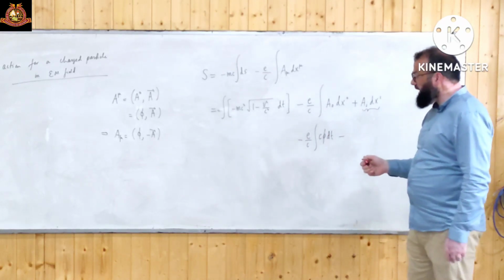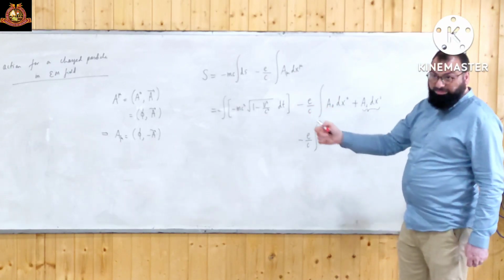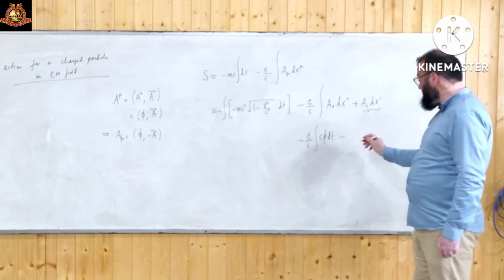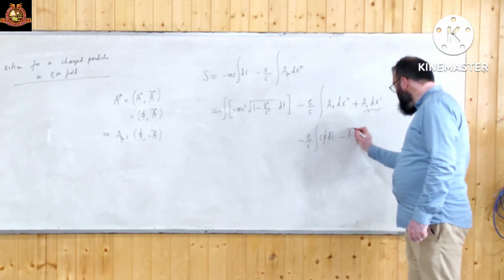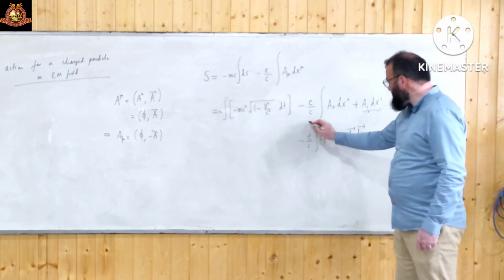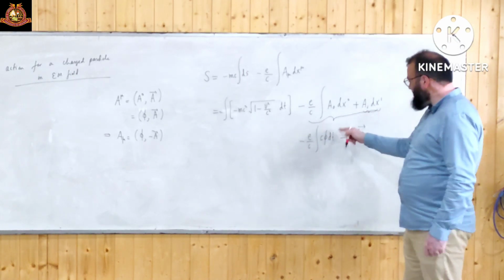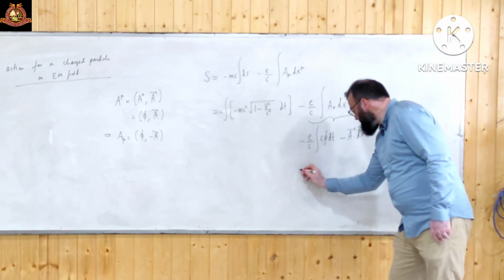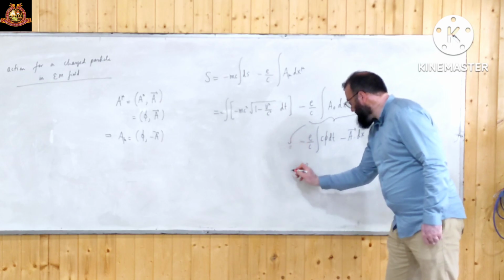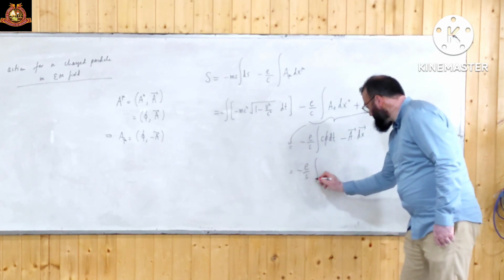Okay. What's Ai? Ai is simply minus A. So Ai dxi is actually A dot dx, is it? So it will be minus A dot dx. Okay. So it is this very term. Let me write it. So that's equal to minus e by c integral.